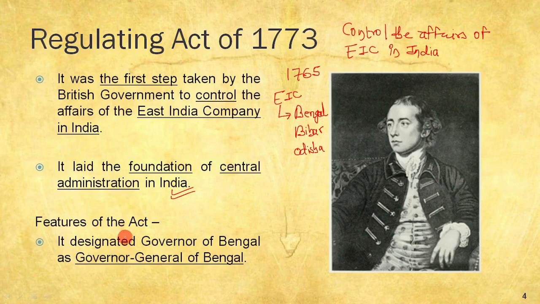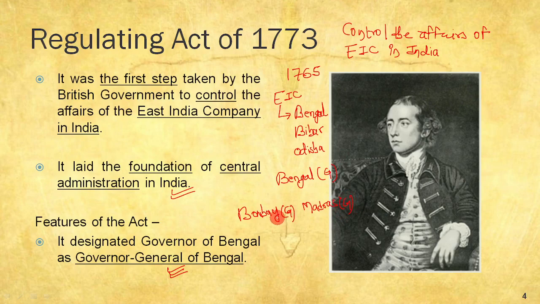So coming to the first feature of the act, it designated the Governor of Bengal as the Governor General of Bengal. During that time there were three important presidencies: the Presidency of Bengal, the Presidency of Bombay and the Presidency of Madras. In each of these presidencies there was a governor who looked after the matters of the presidency.